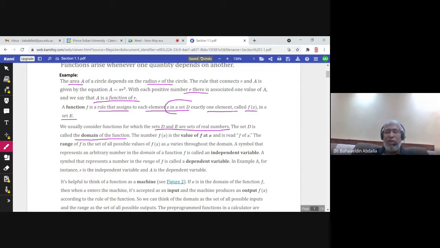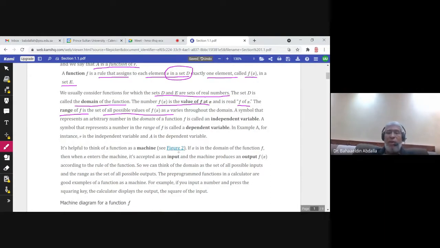Now f of x is the value of f at x. We read it f of x, and the range of f is the set of all possible values of f of x, where x is in the domain.